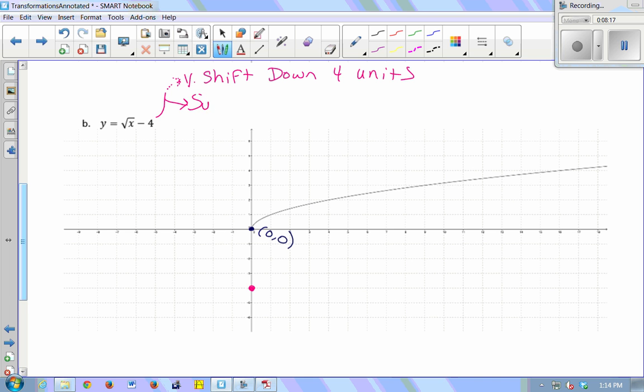So you could also write subtract 4 from every y coordinate. You could pick a few key points like 4, 2, and 9, 3, and 1, 1.